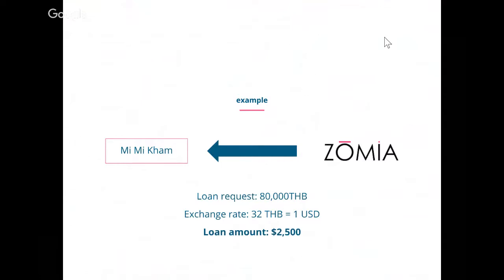It's $2,500. And that's because 80,000 Thai baht divided by 32, which was the exchange rate, is equal to 2,500. So Mimi's loan with Zomia is now recorded as $2,500.